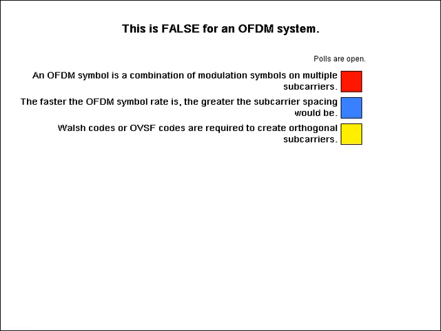Does it increase or does it decrease? If the symbol rate increases, if the symbol time decreases, what happens to the spacing? Okay. I will give you maybe 1 more minute. So you can look at that mathematical relationship so that you can make a wiser selection of your answer.